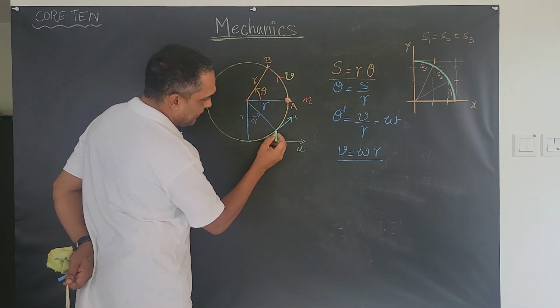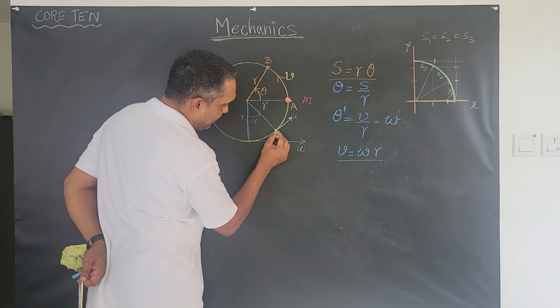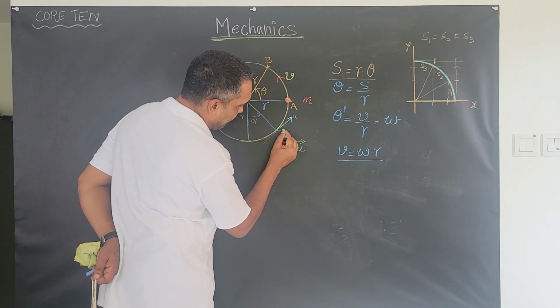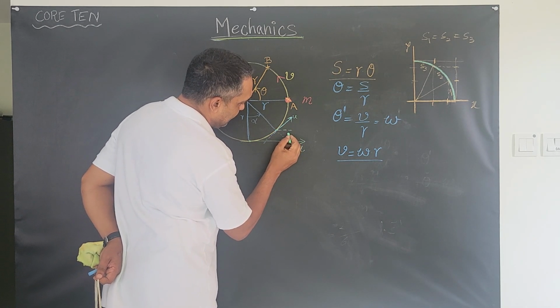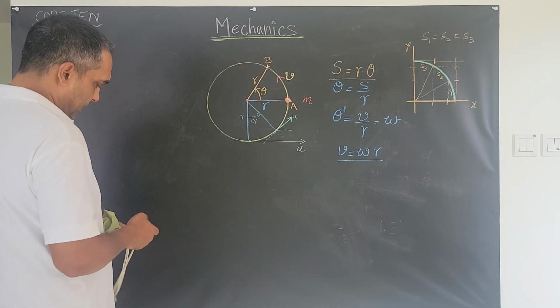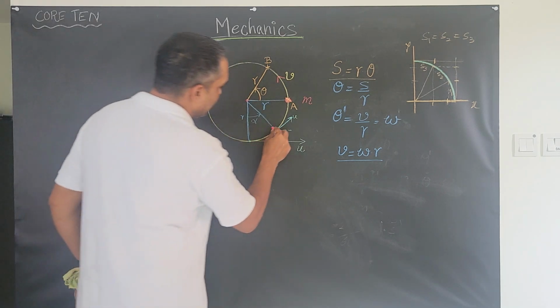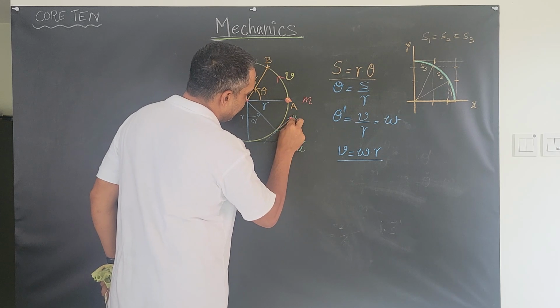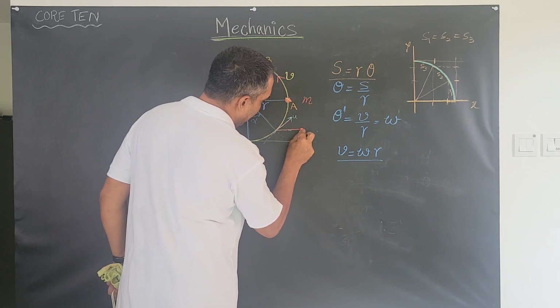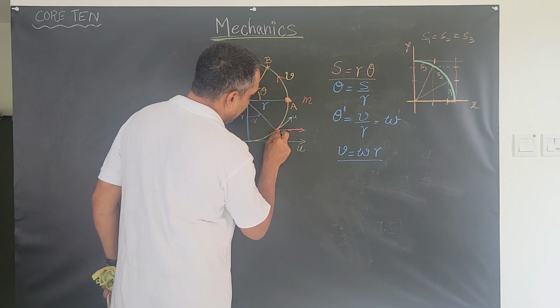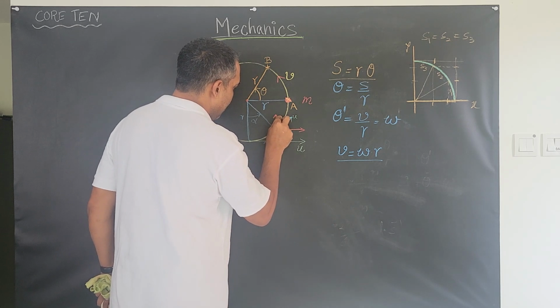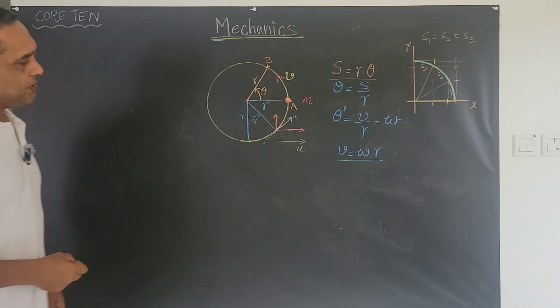However, it has two components. It has a component along one direction and a component along the other. And let's try to see what happens to each of these.